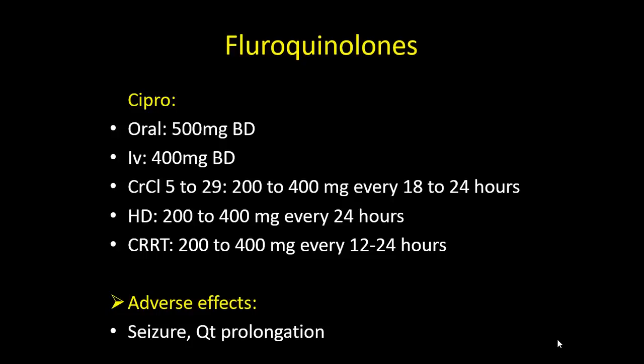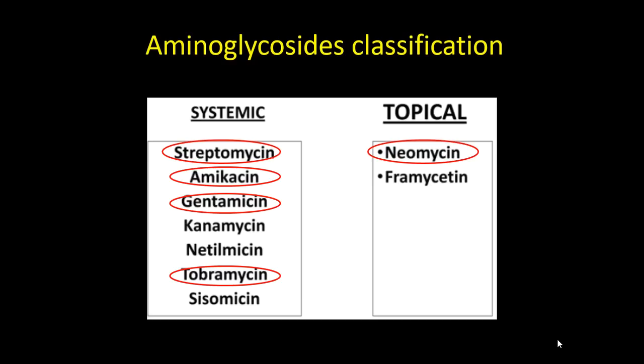Regarding ciprofloxacin, oral is 500 mg, IV is 400 mg, and they require creatinine clearance based adjustment. Again, adverse effects include QTc prolongation. So before initiating these antibiotics, you should get a 12-lead ECG, look at the QTc, and if it is borderline, probably follow it daily with a 12-lead ECG.